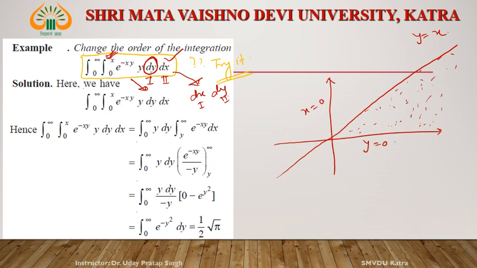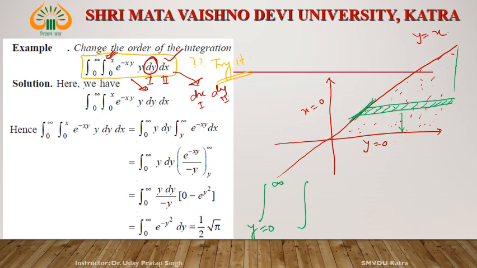Now let us consider a strip parallel to the x-axis. Okay, this is the strip. See, the lower portion of the strip is this straight line, that is y equal to 0, and the upper portion lies in the whole region, that is infinity, y equal to infinity. The lower portion lies on this line.